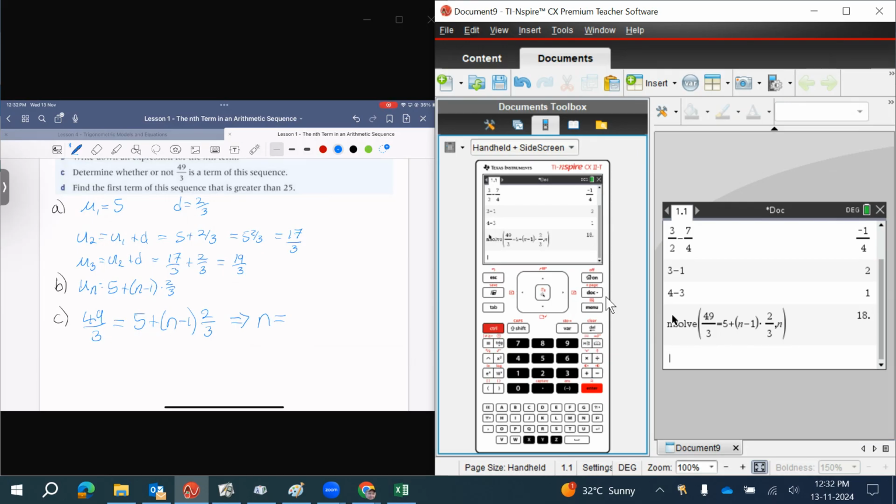So what do we get for n? We get 18. What does that imply? It means that 49 over 3 is a term in the sequence.